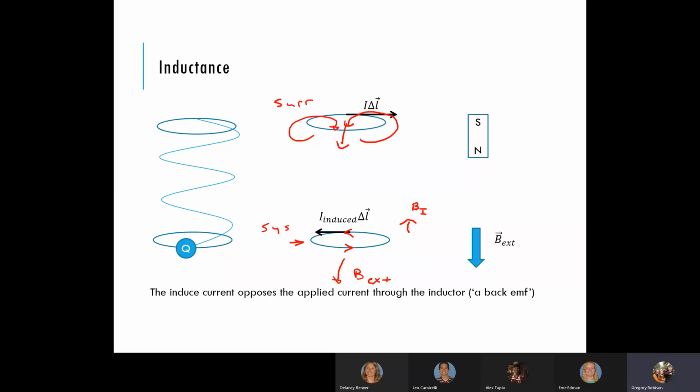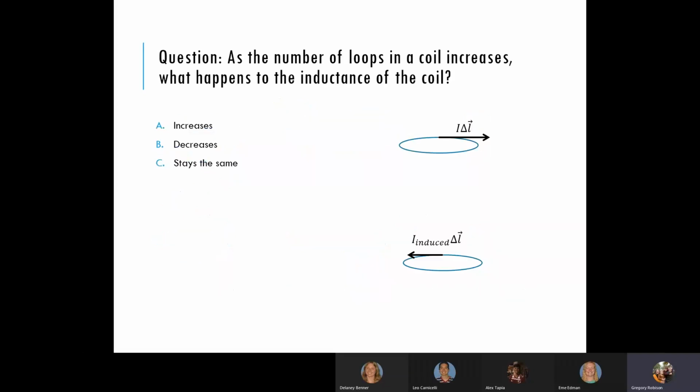Can we get an expression for the inductance based on geometric quantities, physical aspects of the loop of wire? And the survey says yes, of course we can. Let's derive it. Okay, so first question for you, thinking about this.